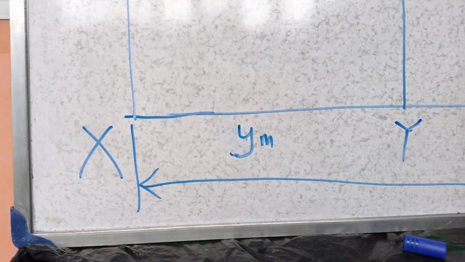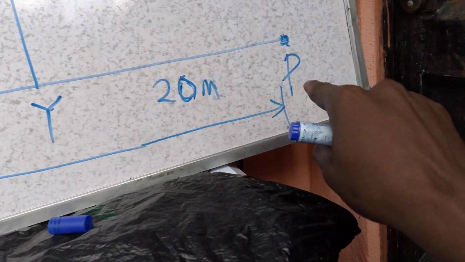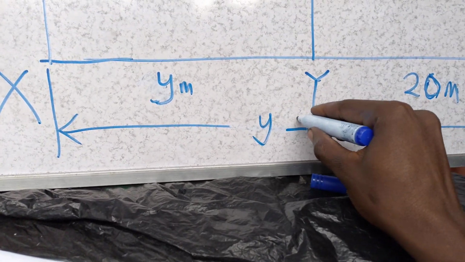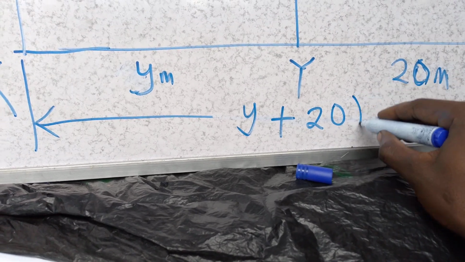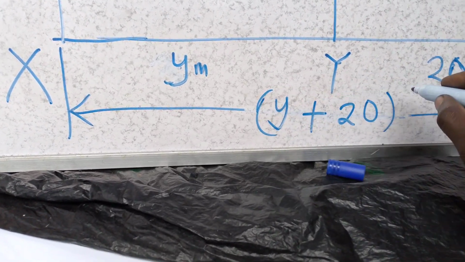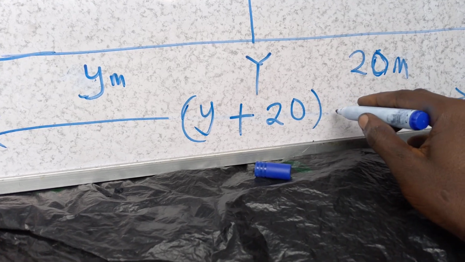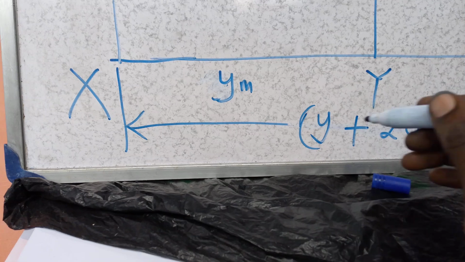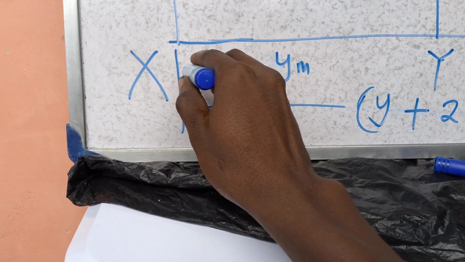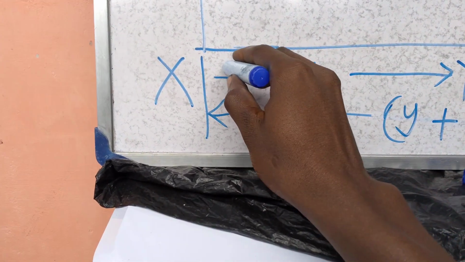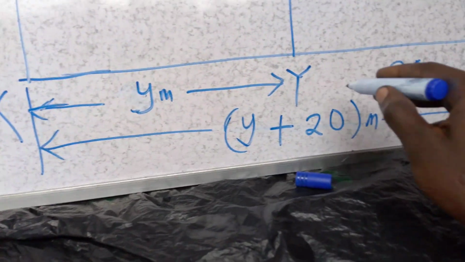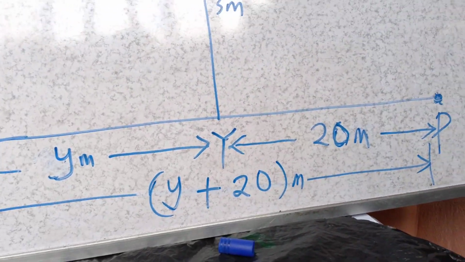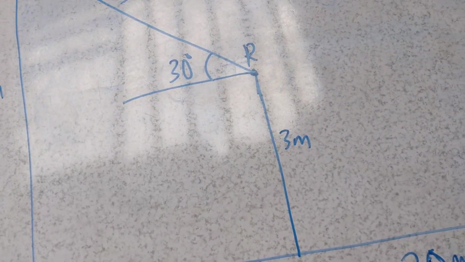If this is small y in meters, that means the distance from X to P will be y plus 20 in meters. From here to here is y, and from Y to P is 20. So take note of that.